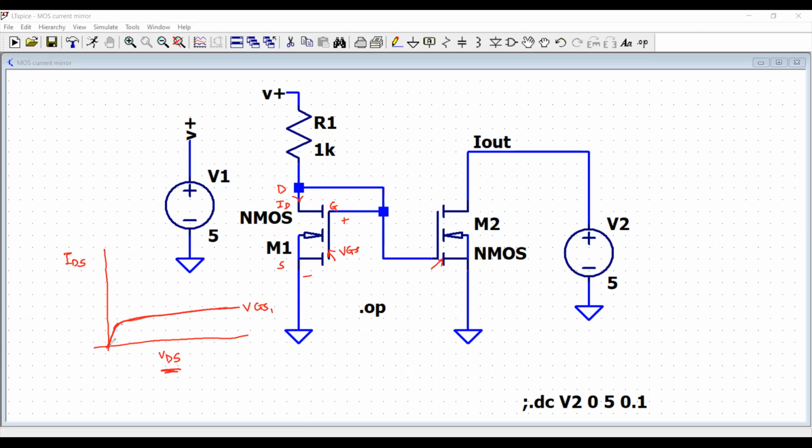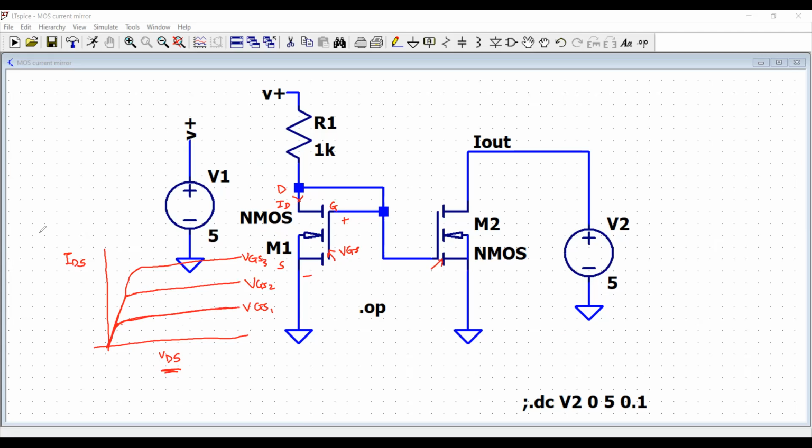Then if you increase VGS again, you will have a larger drain current. But after some time, if you increase VDS, for VGS2 for example, again the drain current is saturated. And this cycle continues for every value of VGS. That is how the MOSFET works.